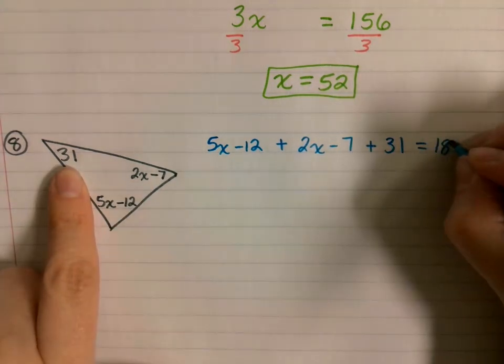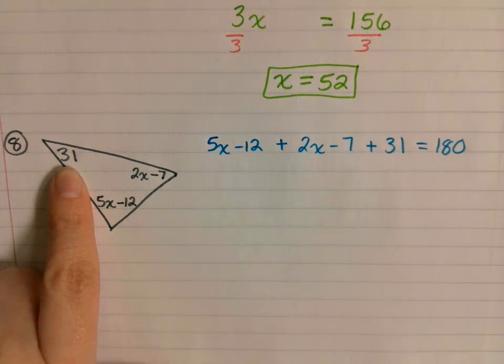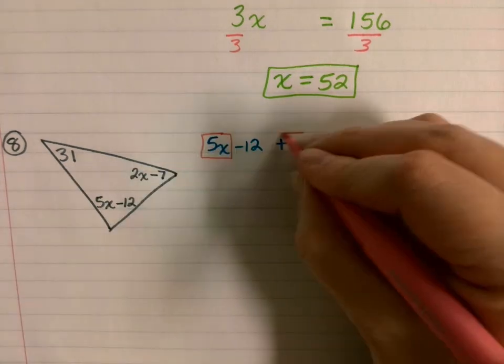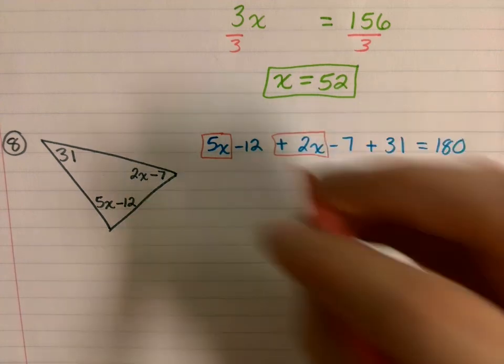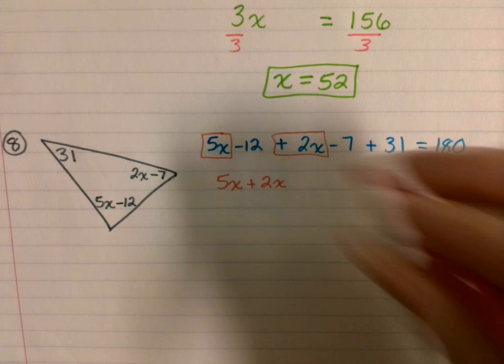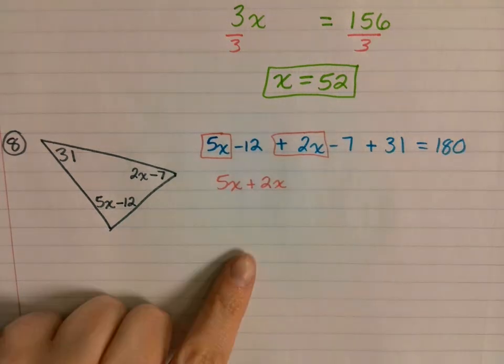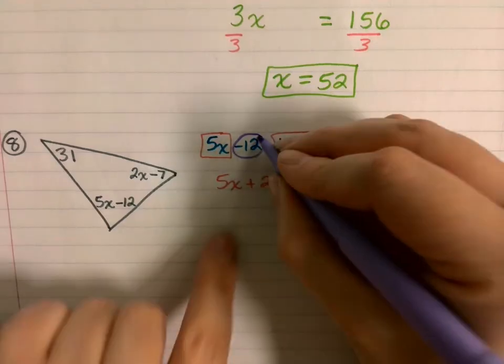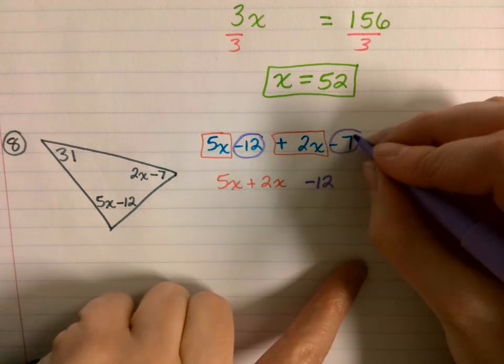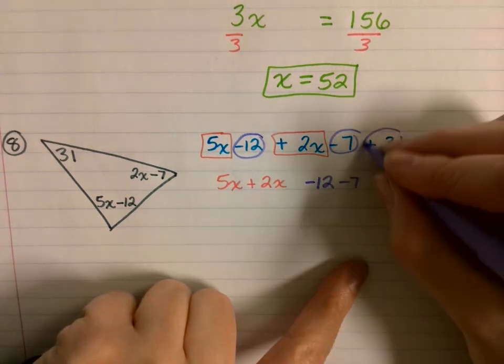We've got to focus on those like terms first. Our first like terms are the 5x plus the 2x. Our next set of like terms is a negative 12, a negative 7, and a positive 31.